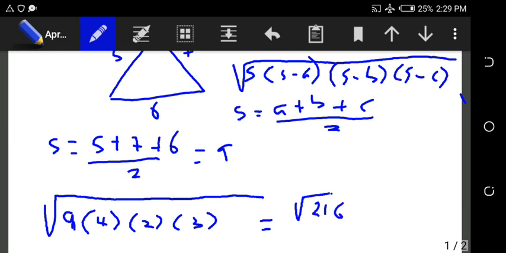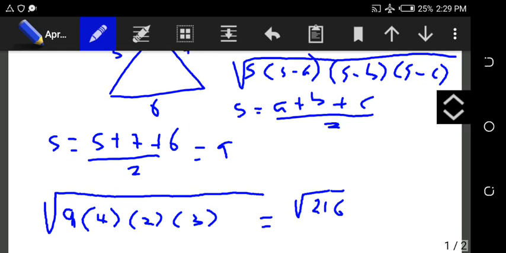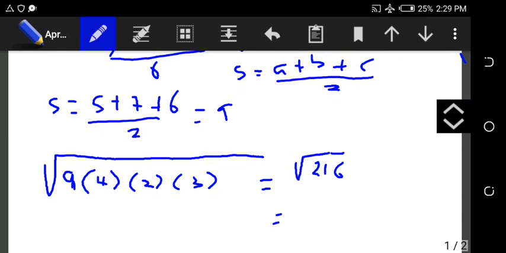Square root of 216. Now the square root of 216, when you punch your calculator, that will give us an approximate value of 14.7, of course, squared units, whether your cm squared or meter squared, or as the case may be.